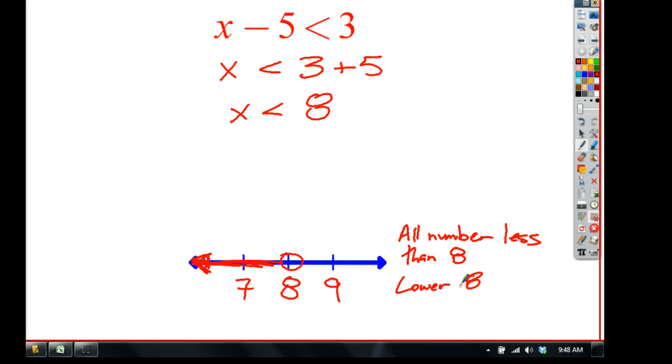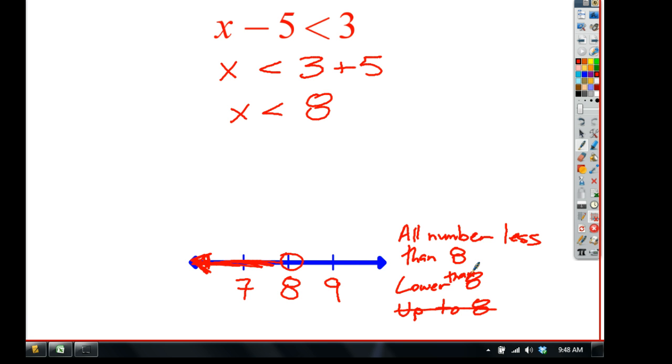We could say up to 8 but not counting 8, but that doesn't work because that includes 8. Lower than 8, less than 8. Those all work.